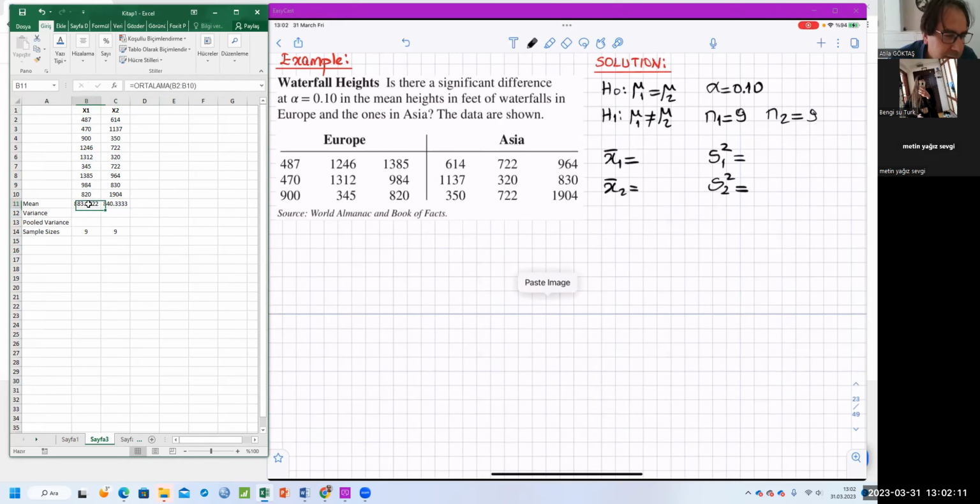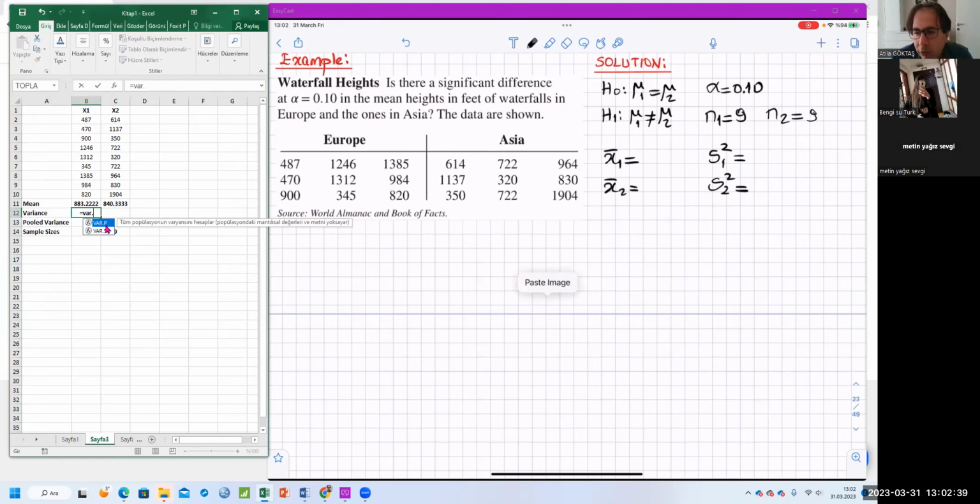For the variance, you need to calculate the sample variance, which is the VAR.S function. The function is the same in the English and Turkish versions. If you select the second one, it will be the sample variance.